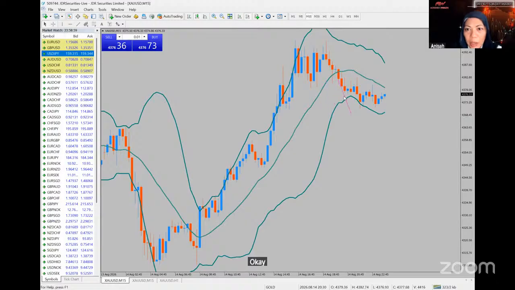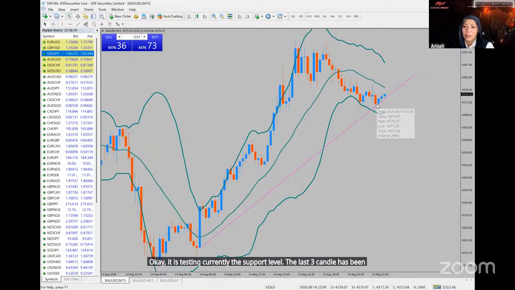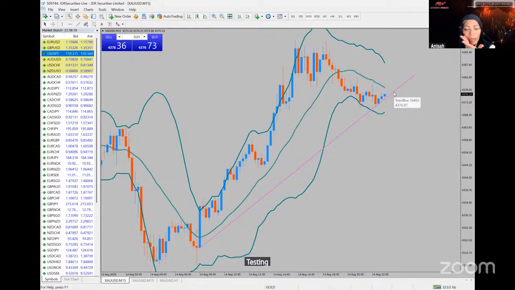It has broken down and almost touches the TP, but overall it is still in an uptrend. It is currently testing the support level. The last three candles have been testing the uptrend line. So I would want to go for long.